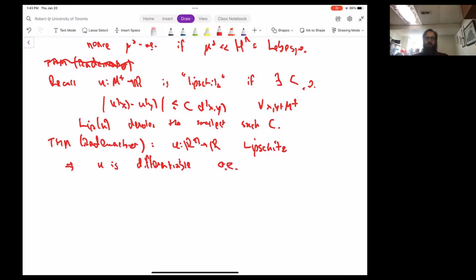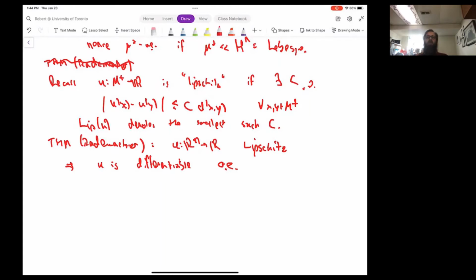And this is a pretty useful theorem. So Lebesgue's theorem said that non-decreasing functions were differentiable almost everywhere. So non-decreasing functions are functions which have their distributional derivative as a non-negative measure.